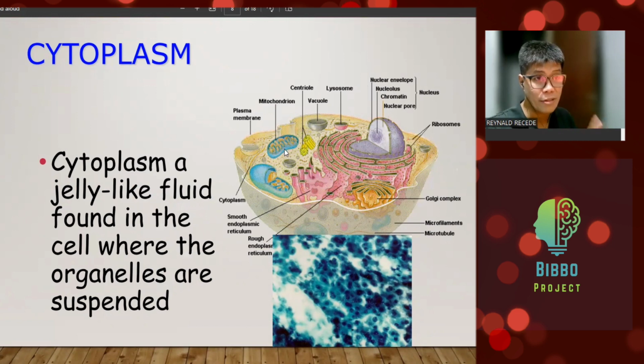Other books and other experts say that cytoplasm is the space between the nucleus and the cell membrane. They are closely related with one another. That's why pwedeng isipin na natin na cytoplasm is the space or cytoplasm is the jelly-like fluid in the cell.